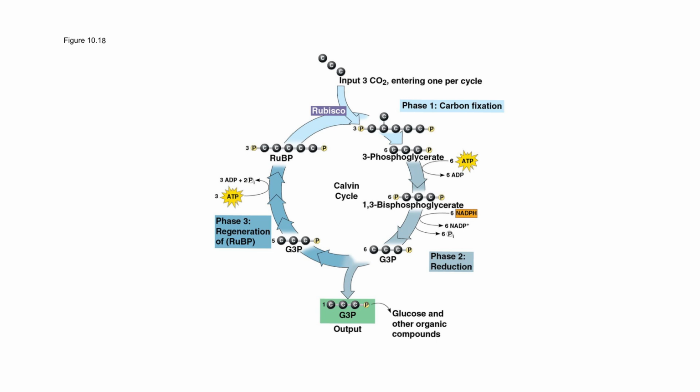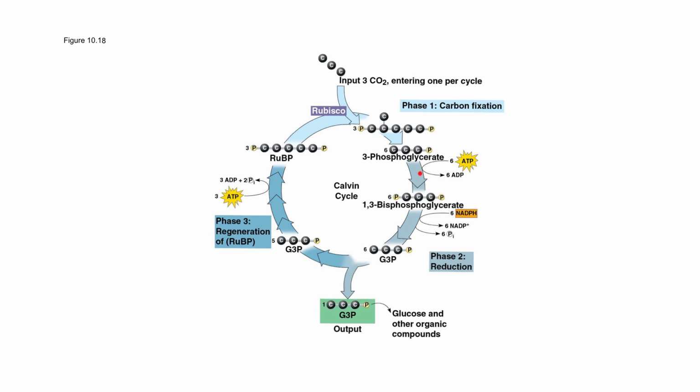So what's going to happen first is carbon fixation in that phase 1. In carbon fixation, the RuBP, that ribulose bisphosphate, plus the carbon dioxide that's coming in, catalyzed by this enzyme called Rubisco, is going to make PGA, or 3-phosphoglycerate acid.